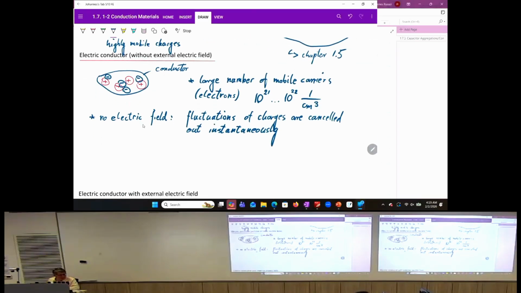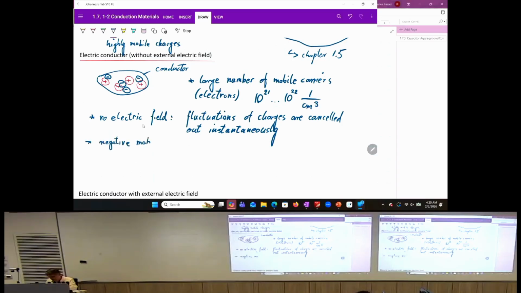And then you have these negative mobile charges, which are located near the positive charges. But the positive charges that you see here are basically fixed. They are so-called fixed background charges. And in total, the total space charge density is vanishing because these positive charges and these negative charges compensate each other.